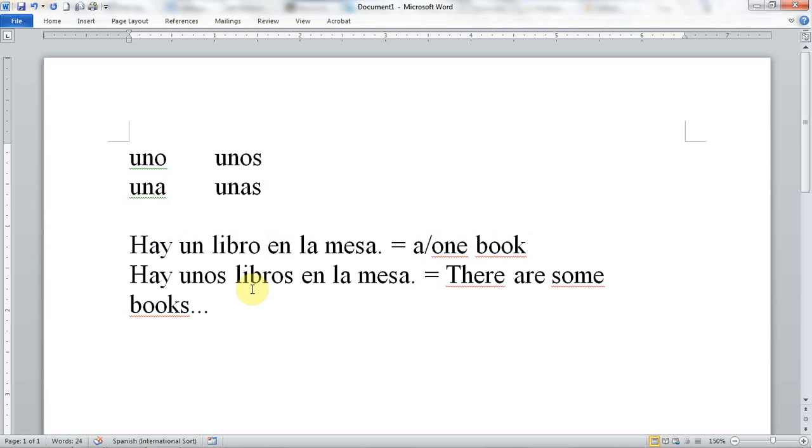So what's happening here to uno? Why don't I say hay uno libro? I know some of you sometimes will write that or you will say that, hay uno libro. Just remember that uno before a masculine singular noun, okay, becomes un.